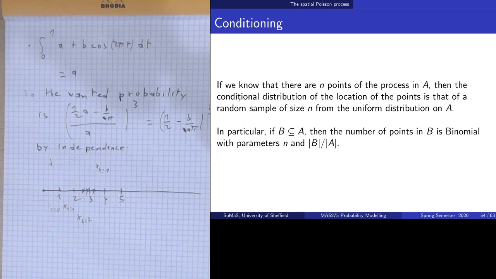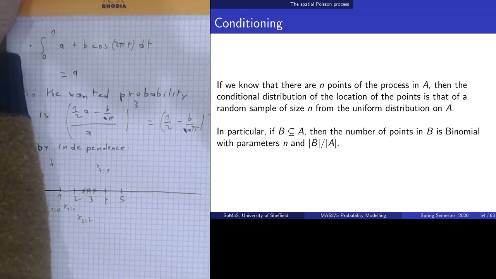And we can do the conditioning thing we just did. So if I know that there are n points in the box A, and if I take a smaller box B inside A, then the number of points inside B will be binomial, and its parameters will be n, the number of tries, and size of B divided by size of A for the probability of success.